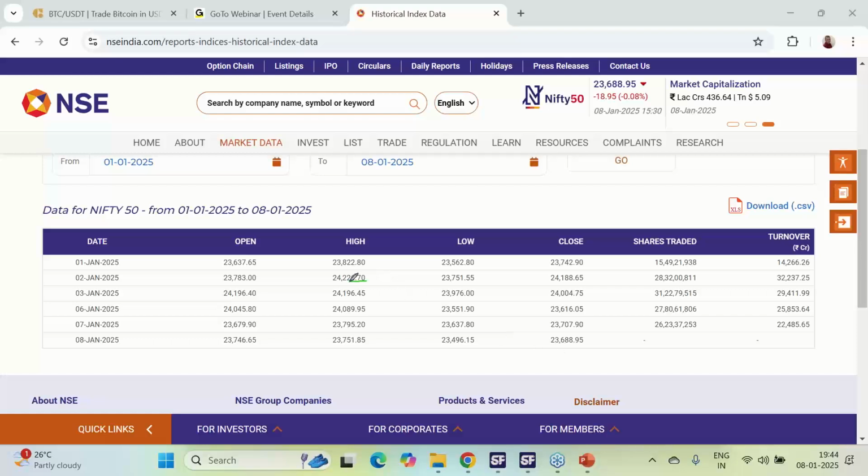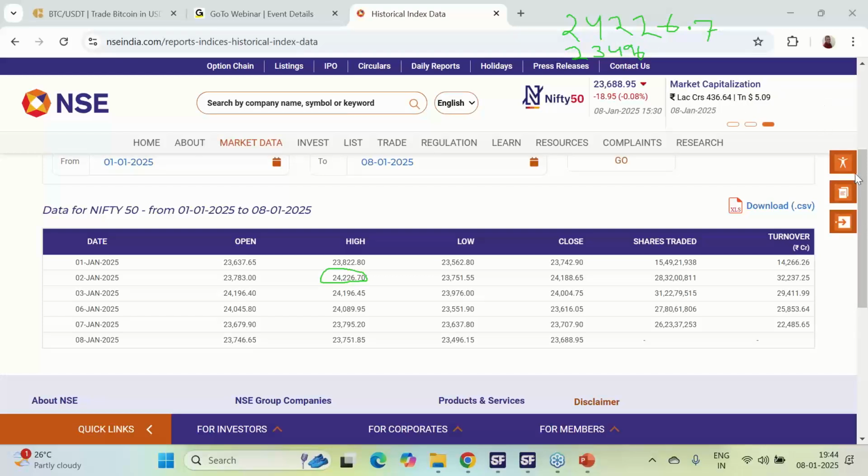So 24,226.7 Nifty spot, this is the highest that has happened. What is the lowest that has happened? Most probably today the lowest happened. So you can see here, 23,562, 551, 496. So 23,496 was the low that happened.